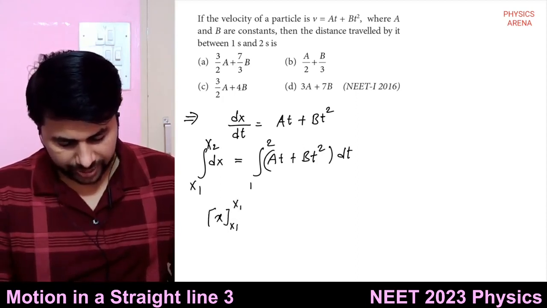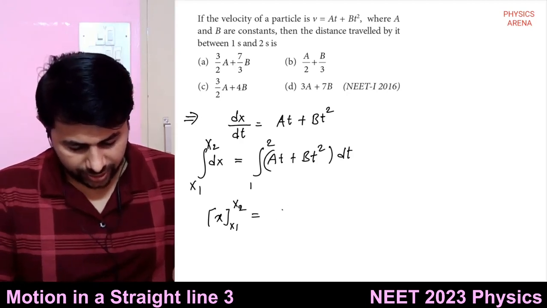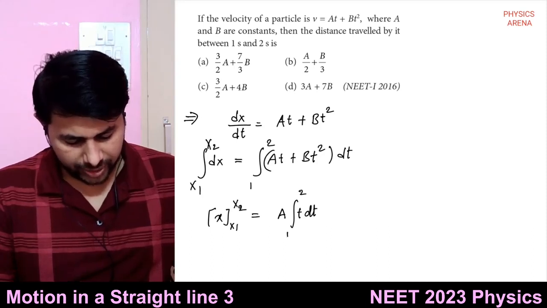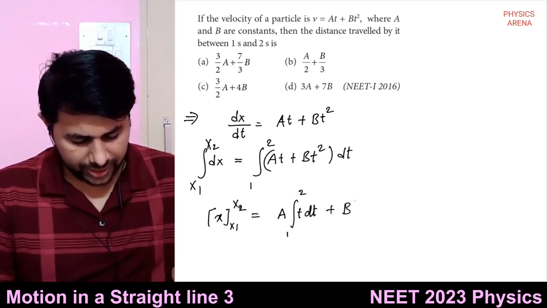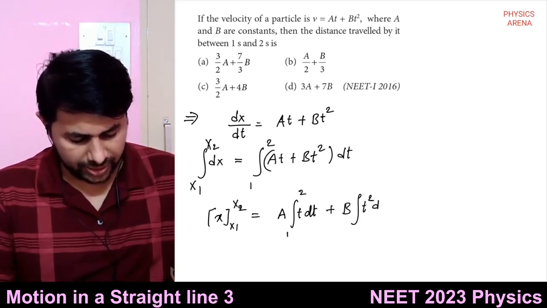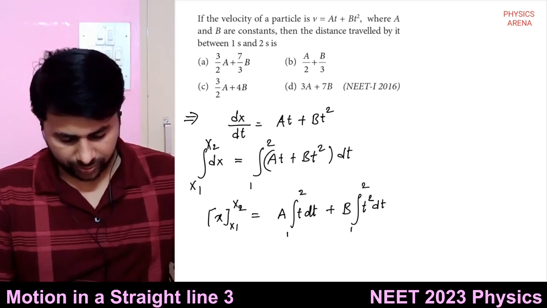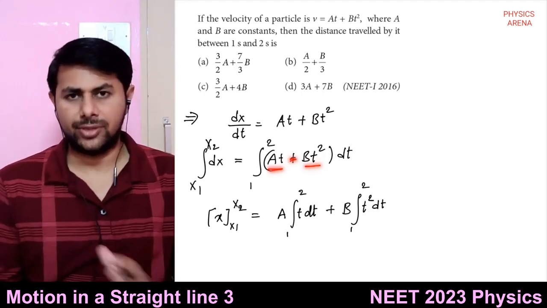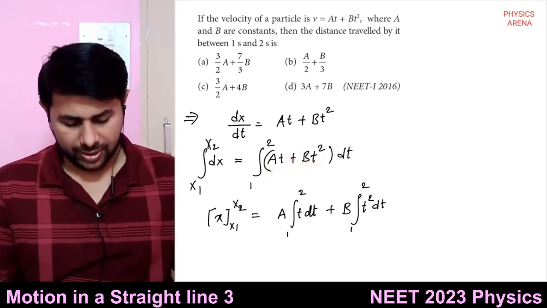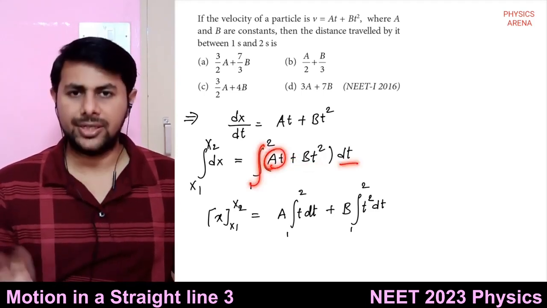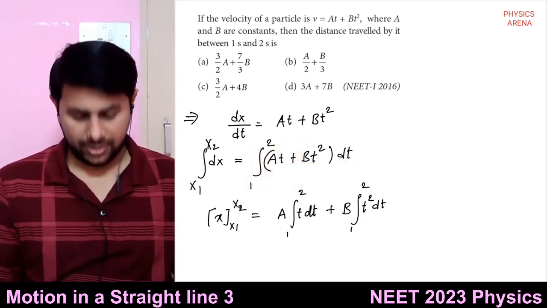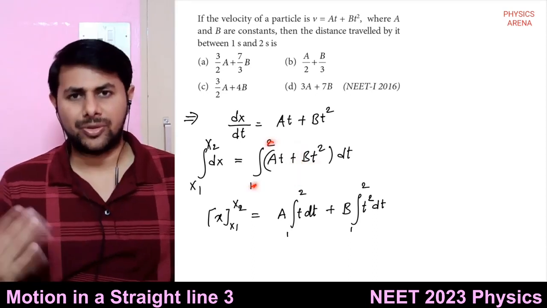You put the upper limit, so x from x1 to x2 is equal to this integral. Here a you can take outside, it is the integral of t dt from 1 to 2, plus b you can take outside, it is the integral of t square dt from 1 to 2. Here I have separated these two terms, at and bt square, from initial to final limit 1 to 2.